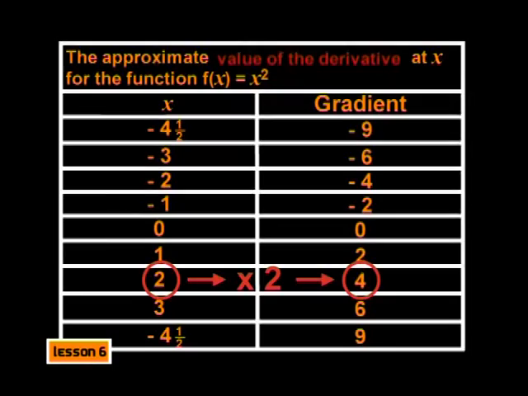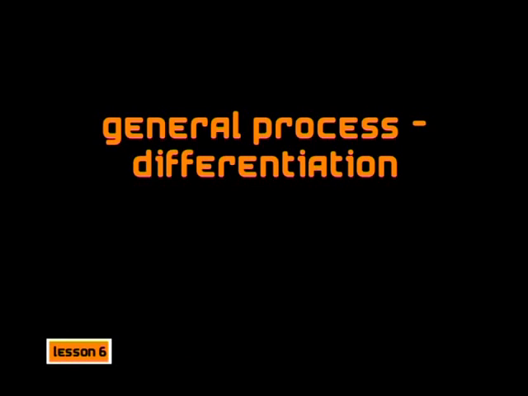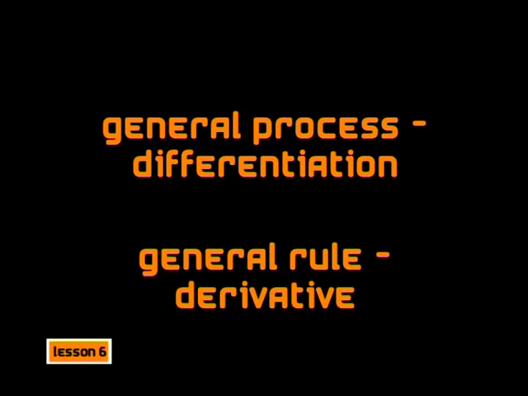If we go back to the table, here, we wrote the values of the gradient of the tangent for each of the x values. From that, we made this observation about a more general rule for determining these values. The process by which we determined these values is called differentiation, and this general rule is called the derivative.